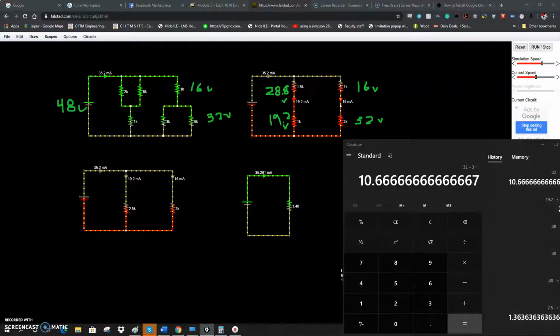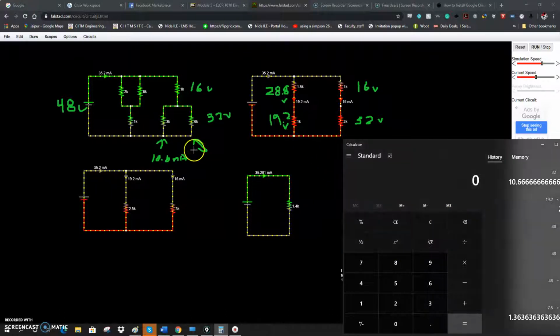It's going to be hard for me to write, so I'm just going to point to it. So we'll say 10.6 milliamps right there. And we'll come out here and do the same thing. Actually, I should point that way, shouldn't I? And we'll do that math real quick. So we'll take 32 and divide it by 6.